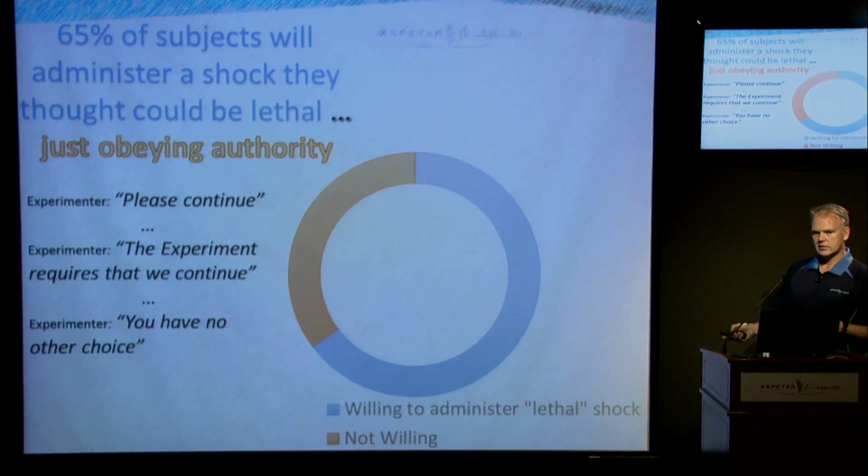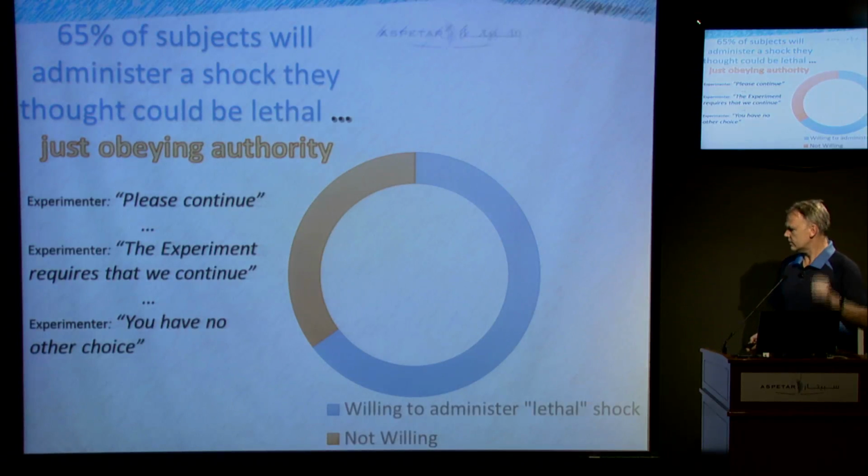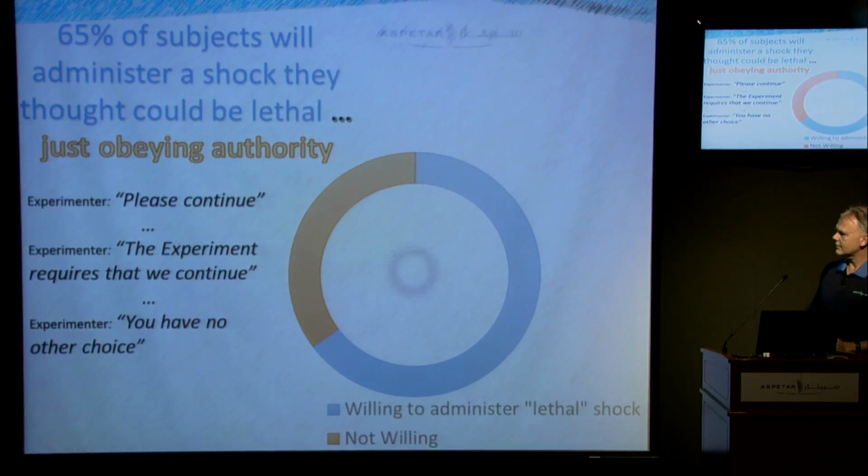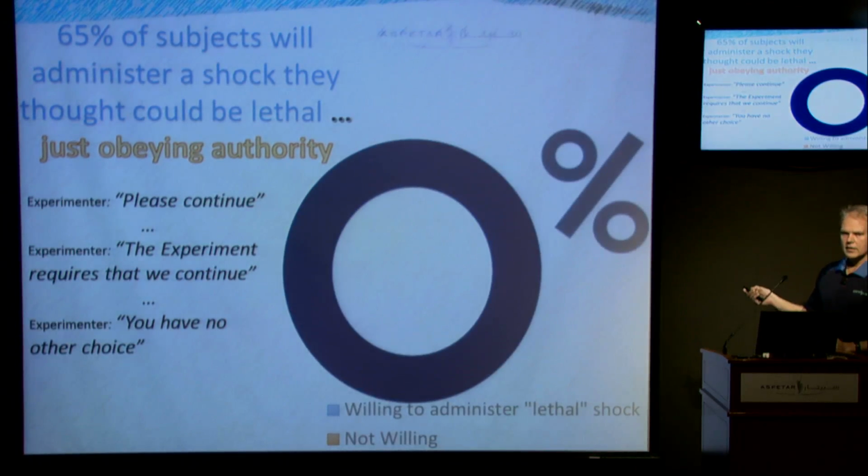Continue using the last switch on the board, please. I'm not getting no answer. Please continue. The next word is white. You think you should look in on him, please? Not once we've started the experiment. But what if something's happened and the man had an attack or something in there? The experiment requires that we continue. Go on, please. Doesn't the man's health mean anything? Whether the learner likes it or not, we must continue. He might be dead in there. You have no other choice, teacher. I don't have a choice. I'm not going to go ahead with it.